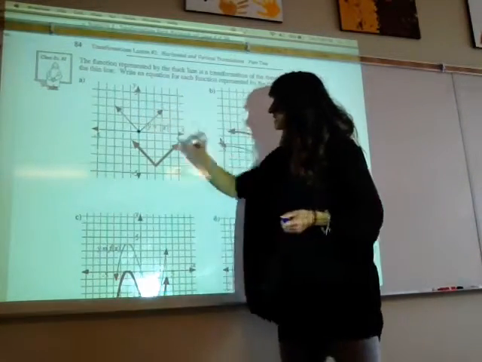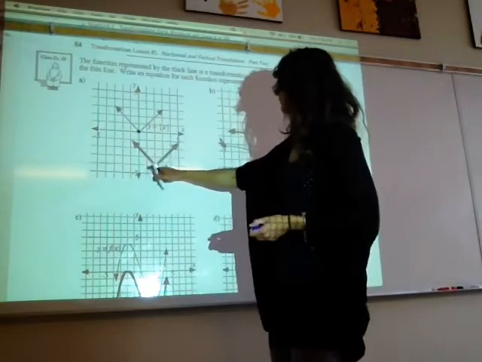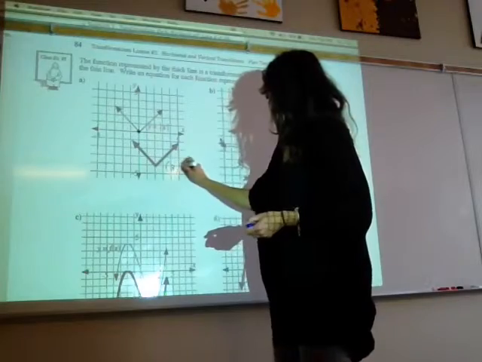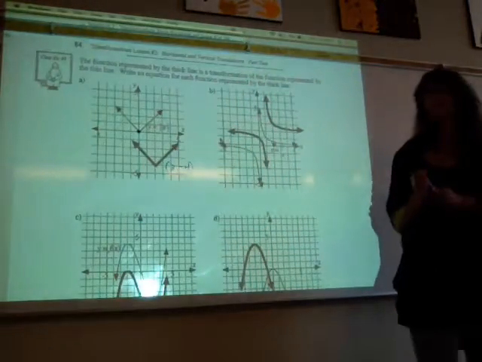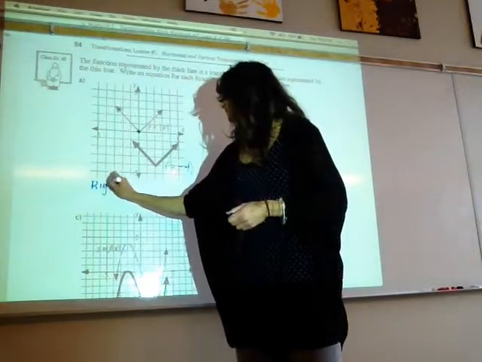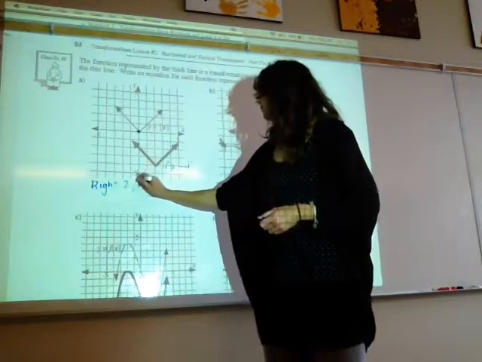So vertex, we're at 0, 0, and the new vertex is at, where are we at? 2, and 4 down. So 2, negative 4. So how many spaces have we shifted to the right? 2. So right 2 and down 4.